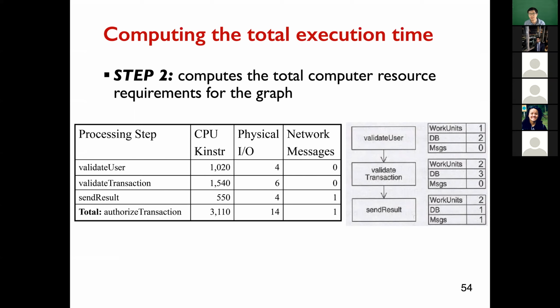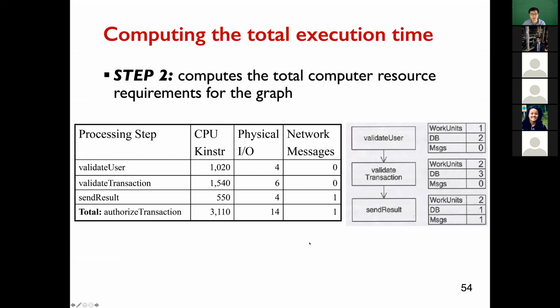Basically, it's a sum of all the 3 steps. Here we add the results for CPU, physical IO, and network messages. So the 3 steps would use 3,110K instructions of CPU, 14 physical IOs, and 1 network message.